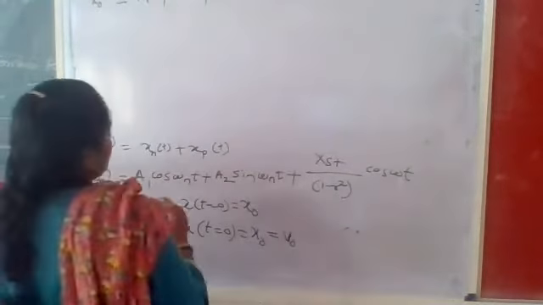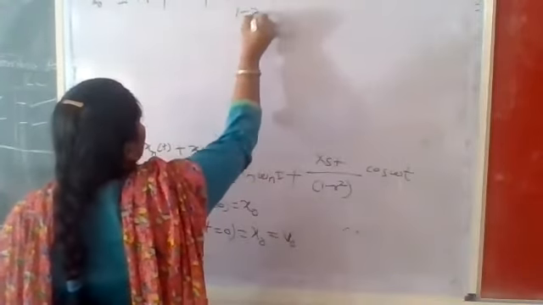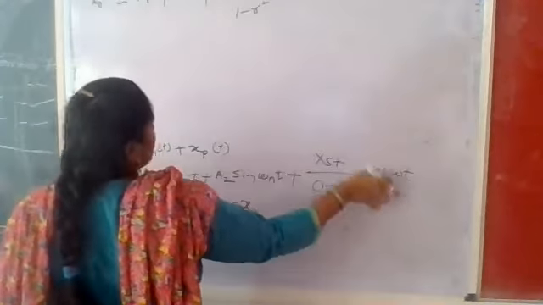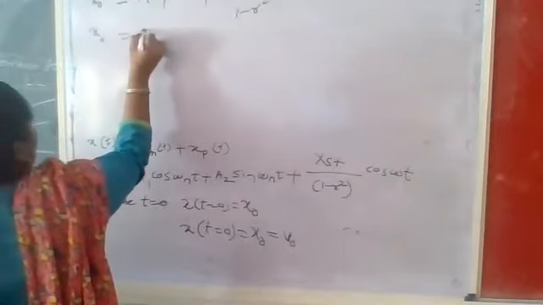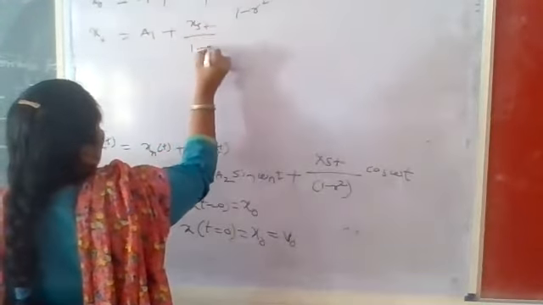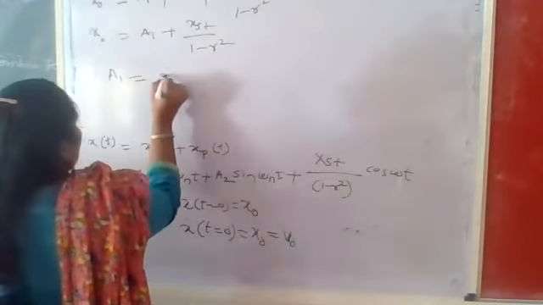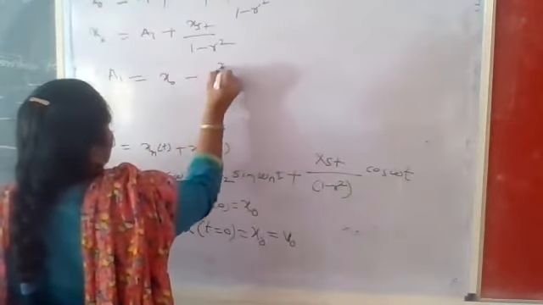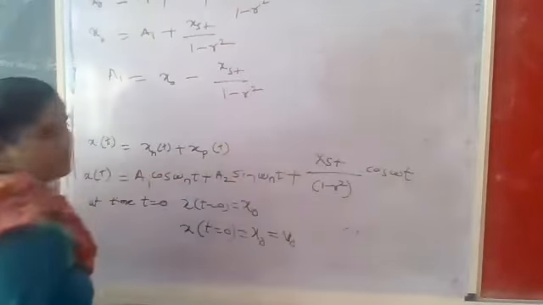So x naught is equal to a1 plus x st divided by 1 minus r square. So a1 is equal to x naught minus x st divided by 1 minus r square. So write this.